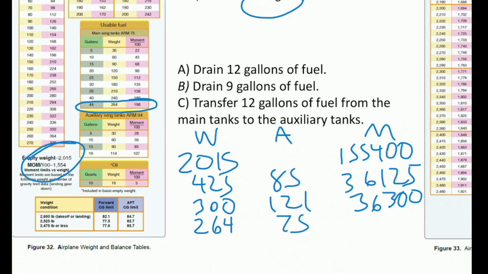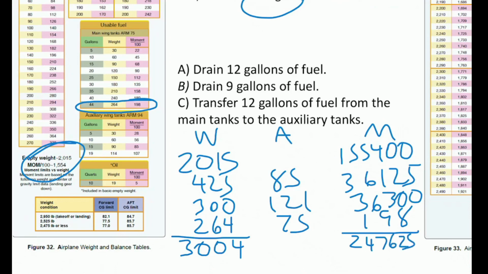Arm of 75, moment of 198. Okay. Let's add it all up. The total is 3,004, with a moment of 247,625.